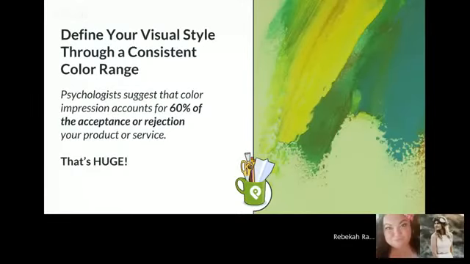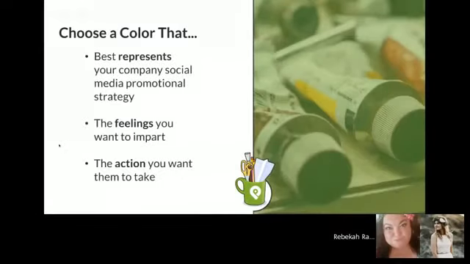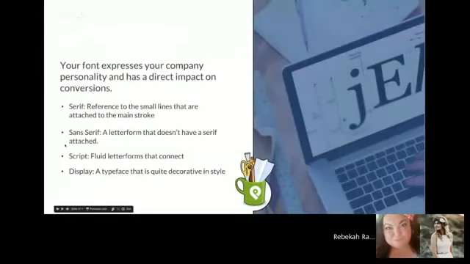Psychologists suggest that color impression accounts for 60% of the acceptance or rejection of your product or service, which is huge. And you really want to choose that color that best represents your company. It sets you apart and it imparts those feelings that you want people to take away from your business or brand, and then helps them take that action that you want them to take.